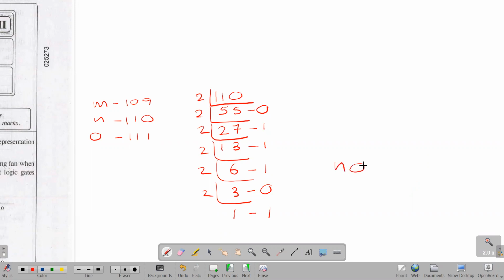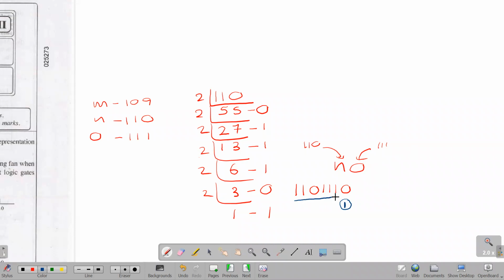So if the word is "no", this is 110 and this is 111. So 110 is going to be 1101110. So it's pretty obvious that we can write the 111, because if this is 110, if I add a 1 to this particular position, it's going to show you 111.